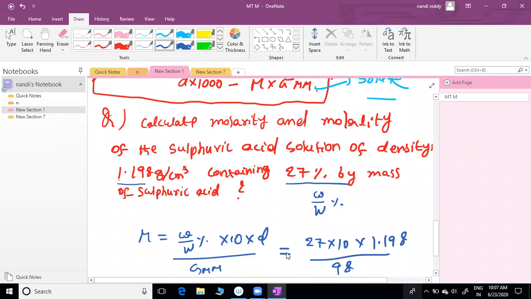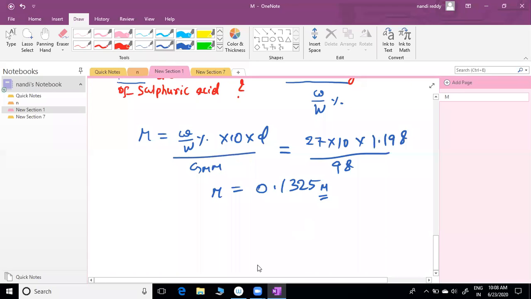After that, substitute small m equals 0.1325 into 1000 by density 1.198 into 1000 minus 0.1325 into 98.